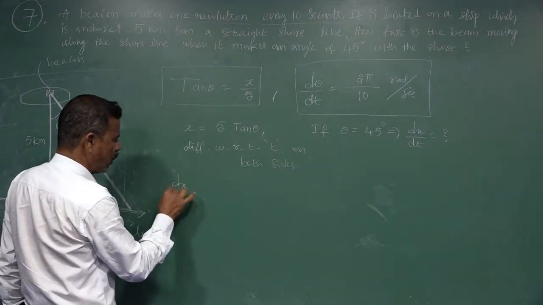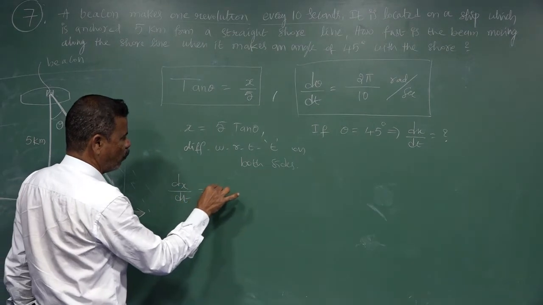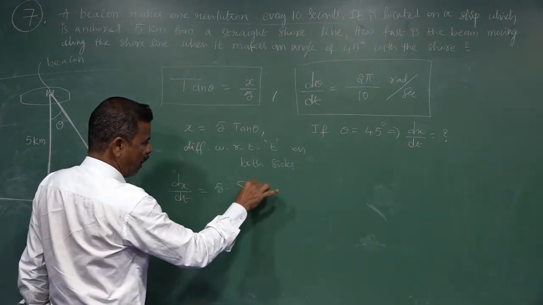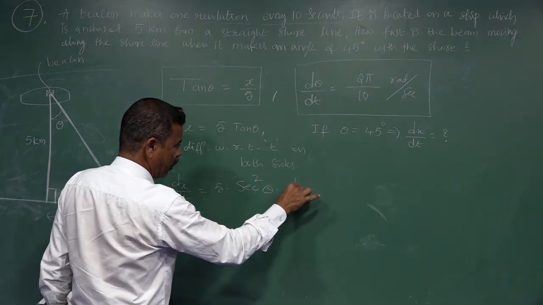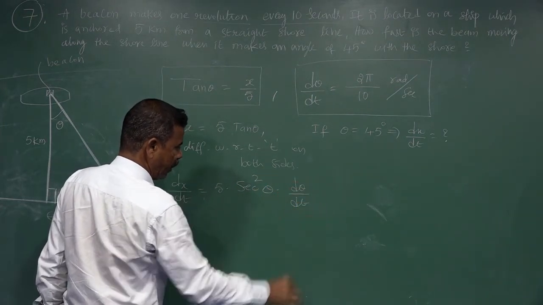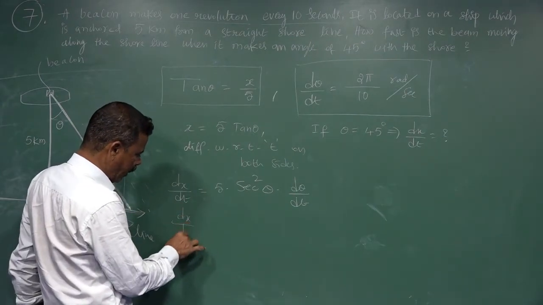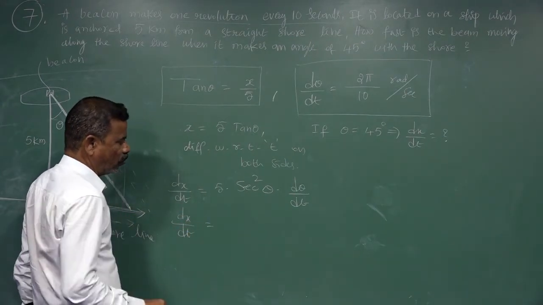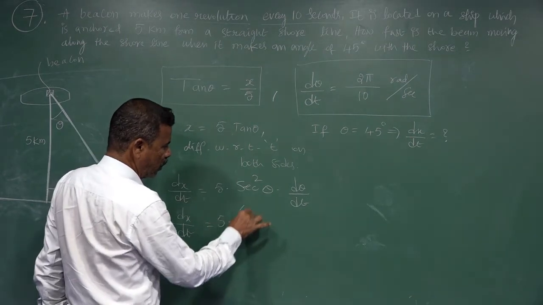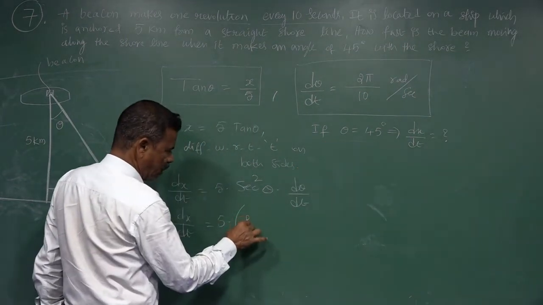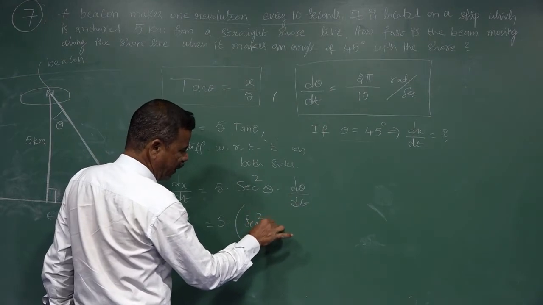Now dx by dt is equal to 5 into the derivative of tan theta, secant square theta, times d theta by dt.